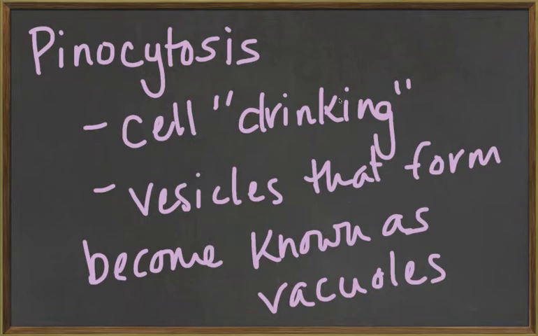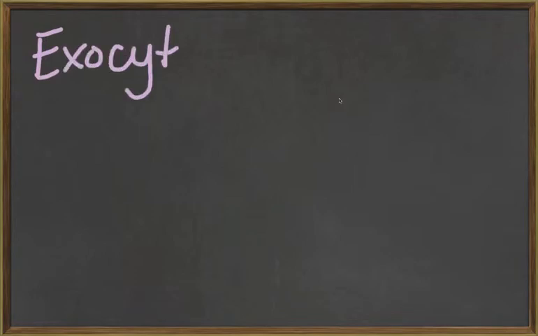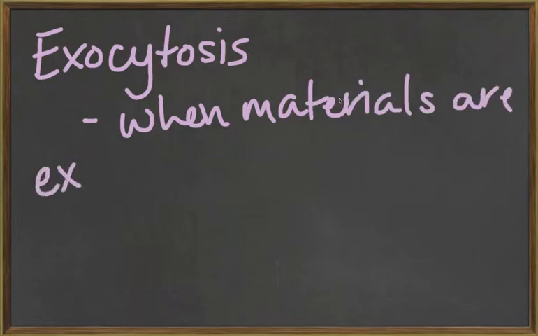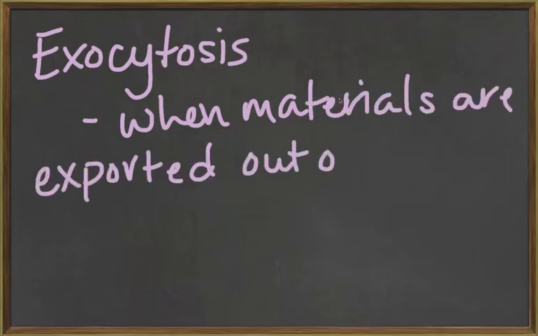Now, of course, with everything, since I talked about diffusion, osmosis, and facilitated diffusion, which were all passive transport, there also has to be an opposite for phagocytosis and pinocytosis, which are both endocytosis. So my last thing that I need to talk about is exocytosis. This is when materials are exported out of the cell.